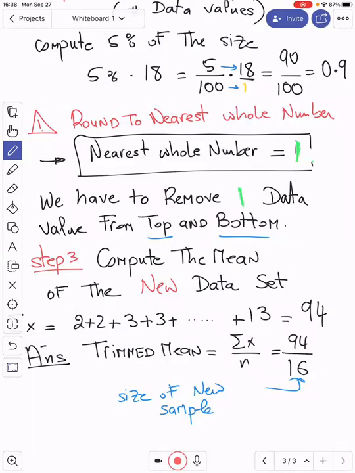I think it's 5.9. Any question, guys, about the trimmed mean? Nope. Okay, perfect. So let's do an exercise then.